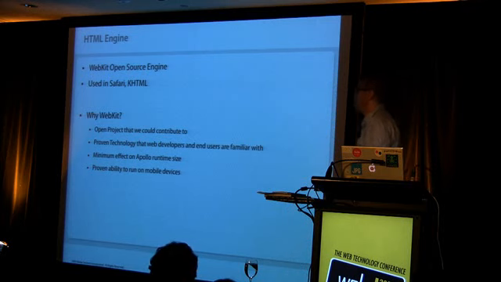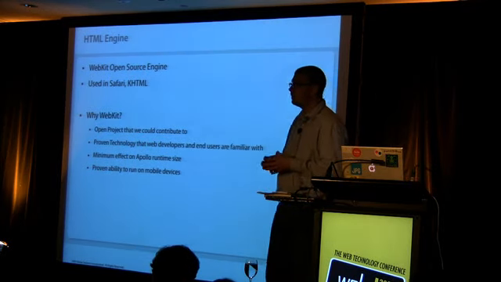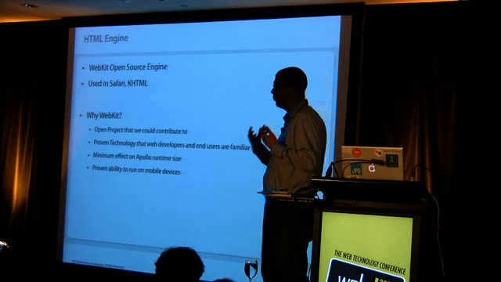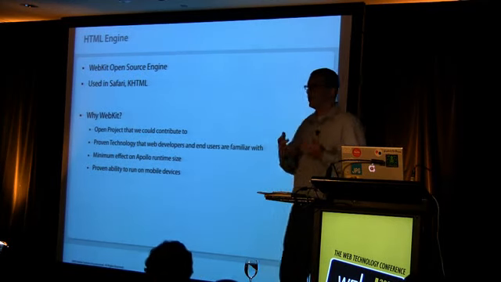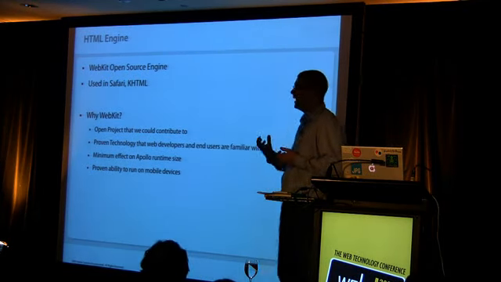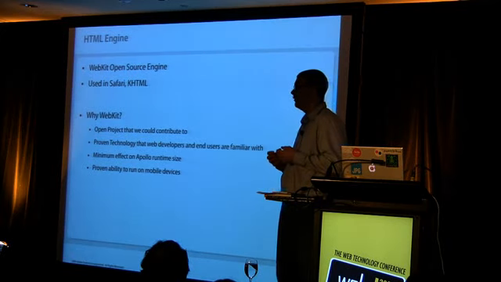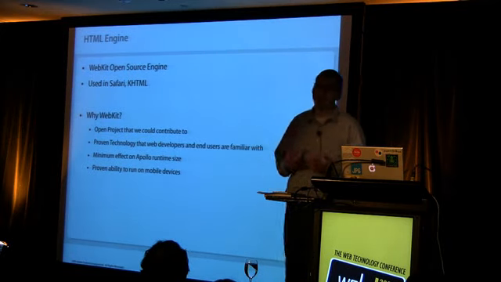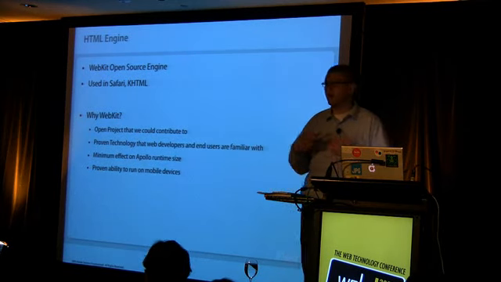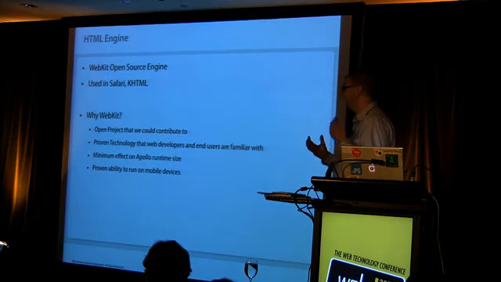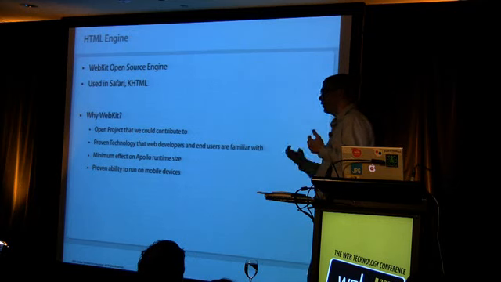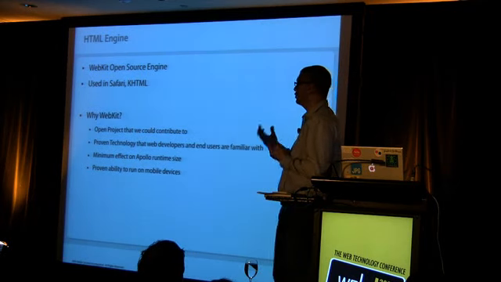So the HTML engine, we use WebKit. It's an open source rendering engine. It's used by KHTML and KDE. And it's also used by Safari on Macs. We spent a lot of time trying to figure out what was going to be our HTML story within Apollo, especially early on.